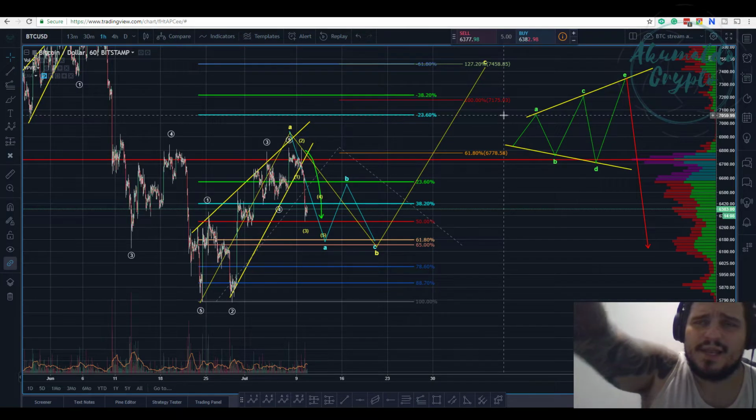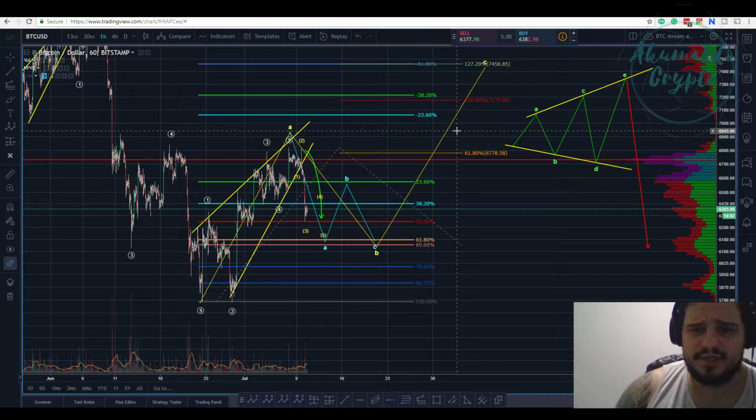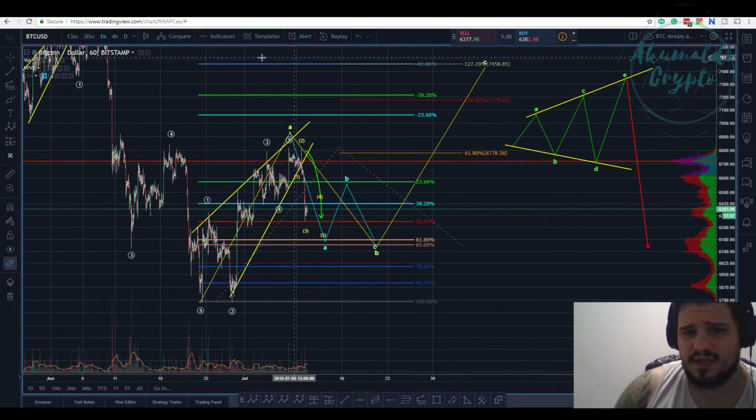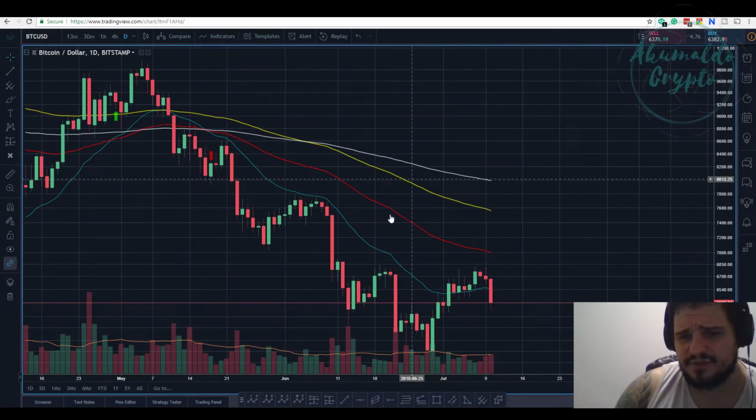Oh, the last 5 waves down, a diagonal, finishing it. But who knows? Okay, remember I said this in a previous video, we are in a bearish market. Okay, see, here we have the 200 EMA, 100 EMA, 55 EMA, 21 EMA.